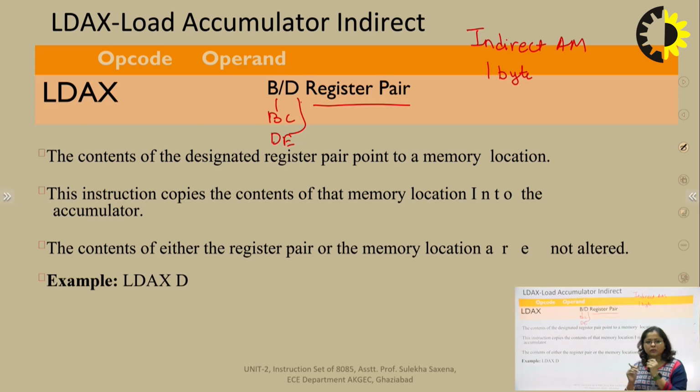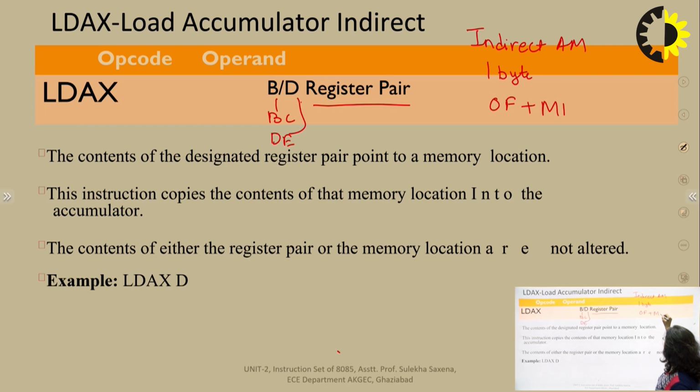Now when we talk about the machine cycle, we are talking about LDAX D. So the DE register contains address 2000. We don't need any extra cycle to read within the microprocessor. So just opcode fetch. After that, we have to move to this address 2000 and read the data from it.